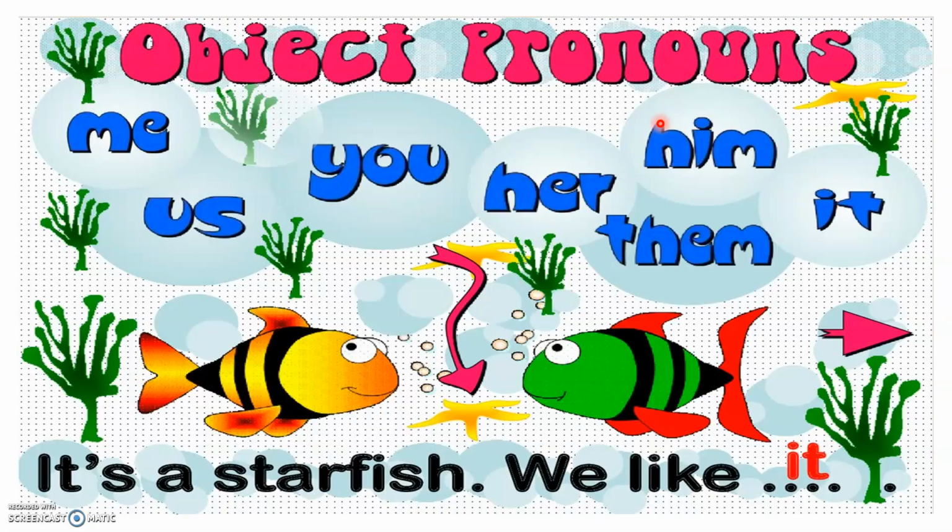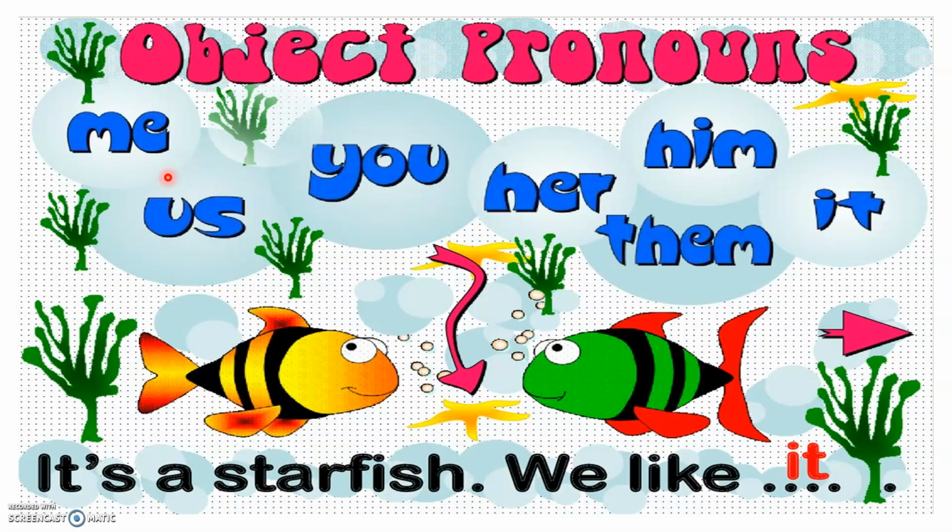So we can use object pronouns instead of the object in the sentence. What are the object pronouns? The object pronouns, you need to memorize them to know when you use them, okay? If you are talking about yourself as the object of the sentence, we use the object pronoun, which is me. My dad buys me a car, for example, okay? Us, we use it for a group.